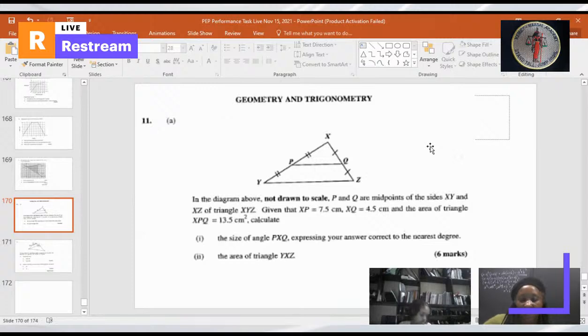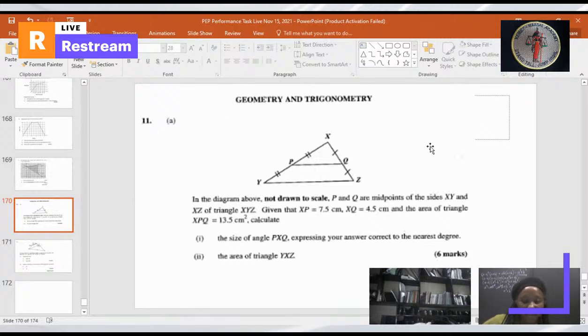The other formula we can use is half AB sine C, where A and B are two sides of the triangle and the angle is the angle between those two sides. Since we know XQ is 4.5 and XP is 7.5, and we're trying to find the angle between them, and they told us the area is 13.5 centimeters squared, just plug that in.